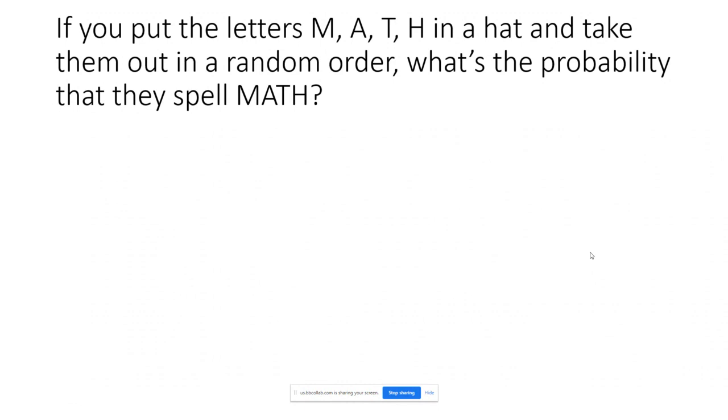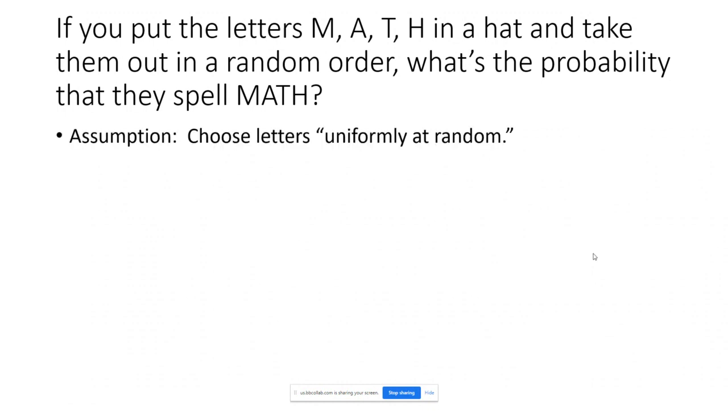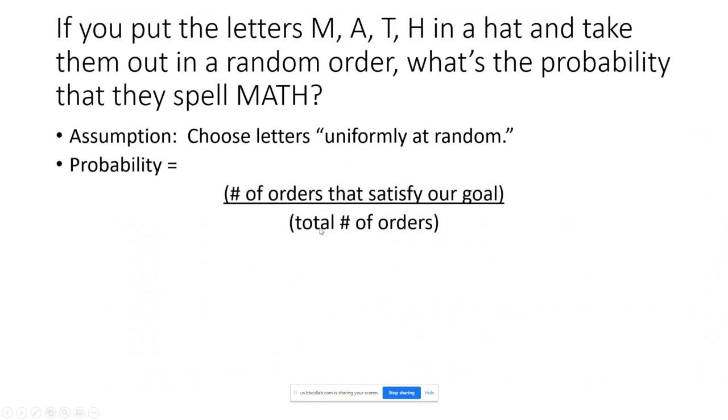All right, so let's figure this out. Let's go ahead and assume that we're choosing letters uniformly at random. So this means that we're equally likely to choose any of the letters that is currently in the hat. All right, so how can we compute this probability?